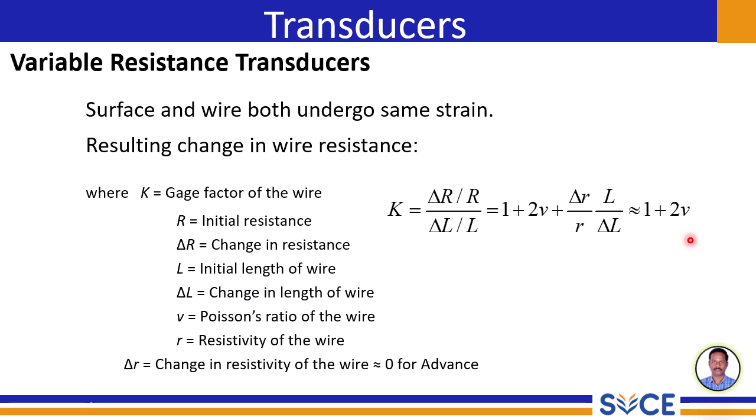Particularly for a material like advance, the change in resistivity of the wire is approximately 0. This simplification makes the relationship between change in resistance and the strain more direct, primarily dependent on the Poisson ratio of the material itself and the geometric changes caused by the strain.